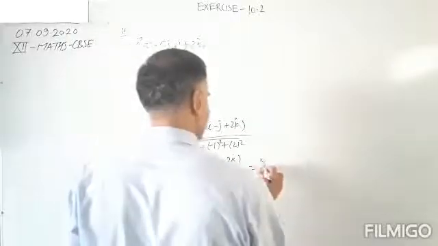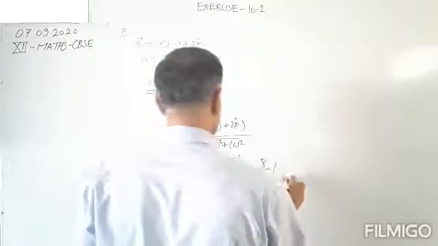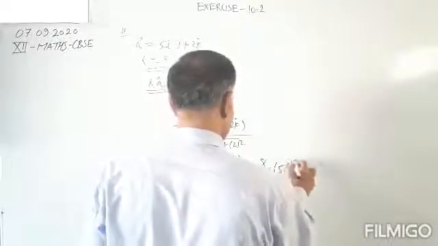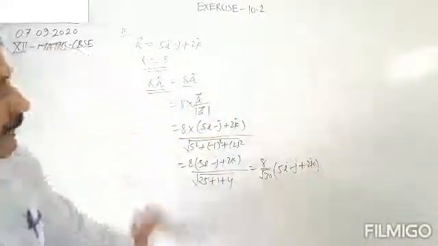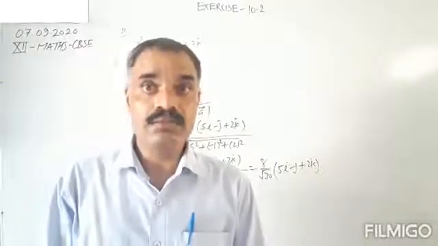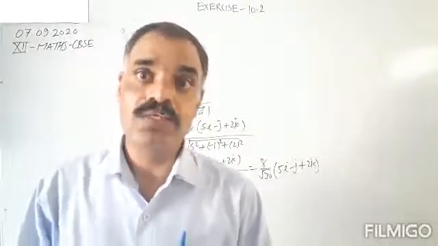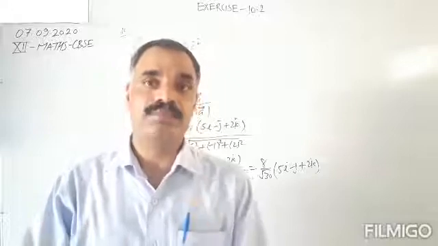So 8 upon under root 30 multiplied by (5i cap minus j cap plus 2k cap). This is the vector in the direction of the given vector and having the magnitude 8 units. Lambda a cap is the formula.